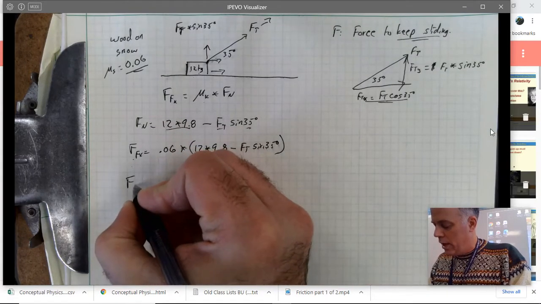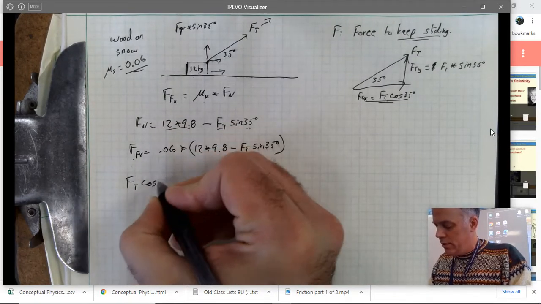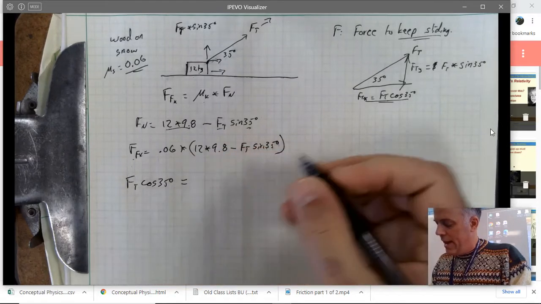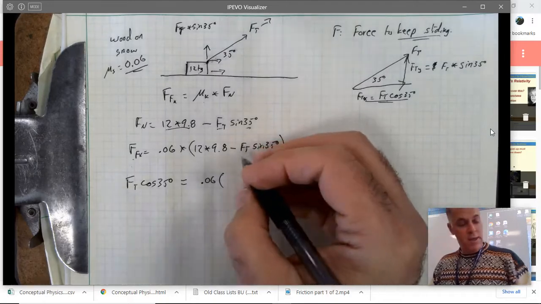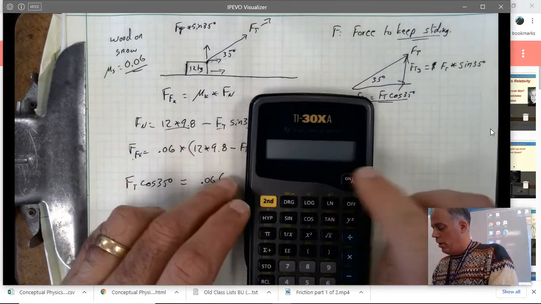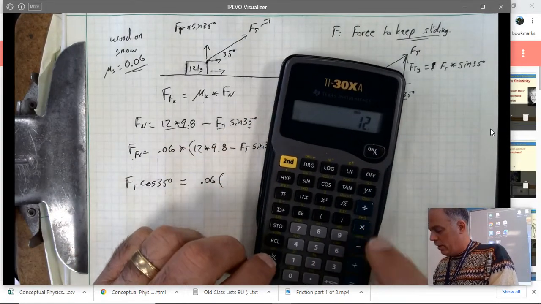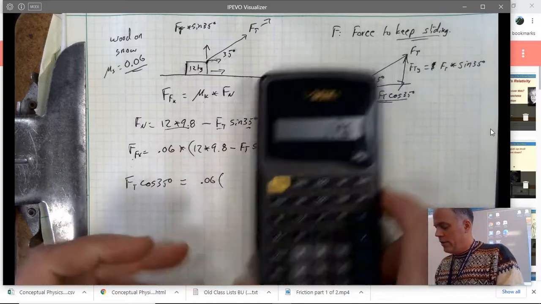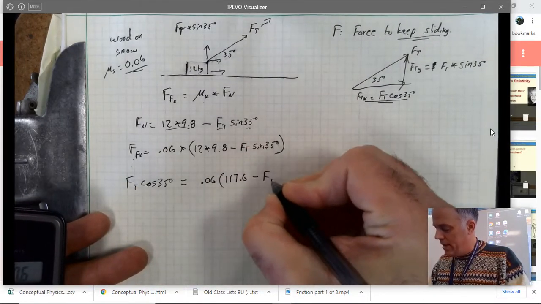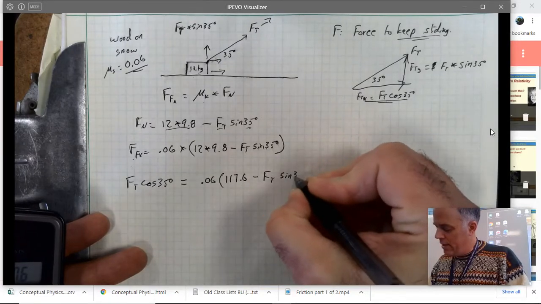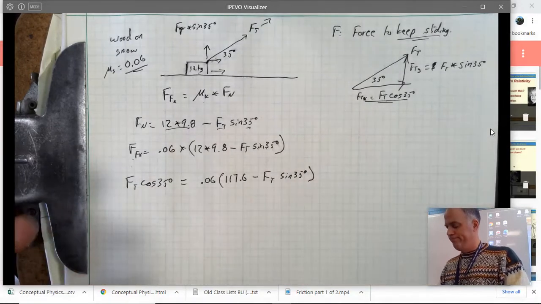So this is the horizontal pull, Ft cosine 35 degrees has to be equal to 0.06 times the quantity. I'm going to just do 12 times 9.8 so I don't have to do it again. 12 times 9.8, 117.6. So 117.6 minus Ft sine 35 degrees.